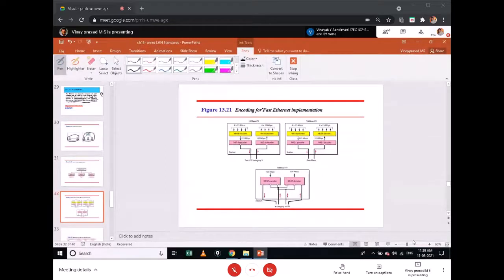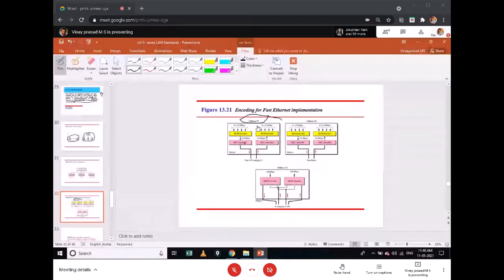Okay. So first, if you see this type of implementation, 100BASE-TX, here we were using MLT-3. The MLT-3 scheme was selected since it has very good bandwidth performance. We are using MLT-3 line coding at the sender side, the encoder, and here it will be a decoder. And we know that MLT-3 will not give self-synchronization. Whenever there is a long sequence of zeros or a long sequence of ones, this type of line coding will not give us synchronization at the receiver side.